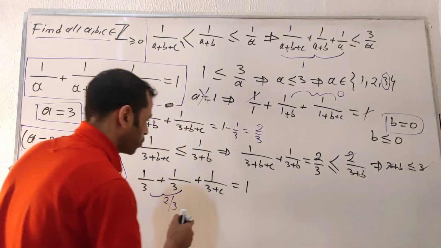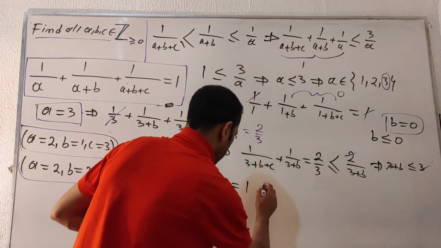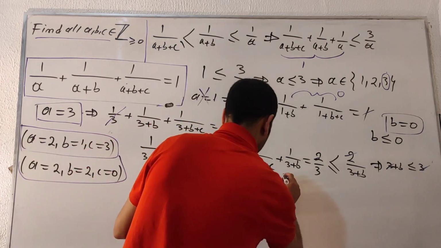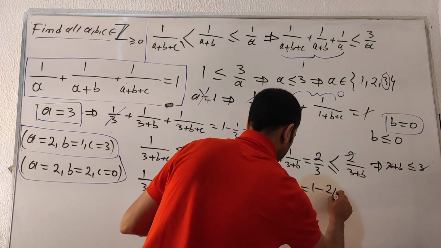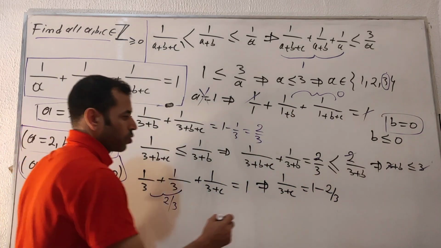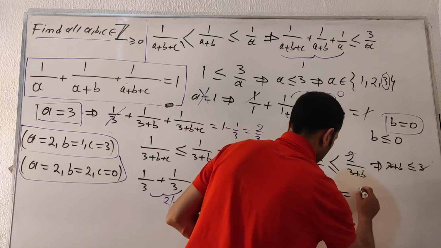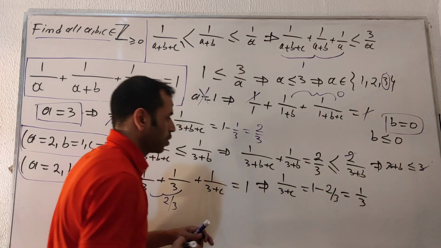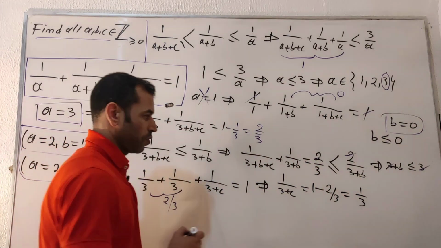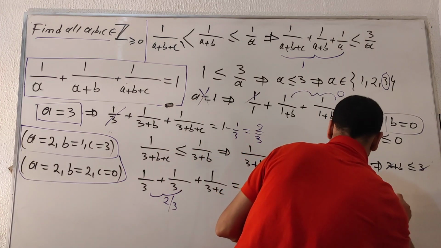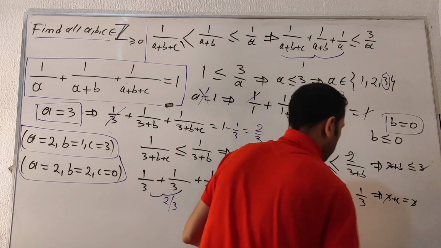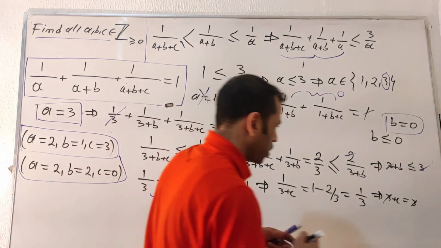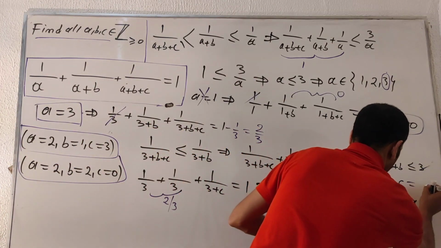Moving over this term to the right, I will be left with 1 over 3 plus c equals 1 minus 2 over 3. Okay, if you calculate this one, it is giving us 1 over 3. So taking the reciprocal of this one, I get 3 plus c equals 3. Cancelling out 3 from both sides, it clearly is giving us c equals 0.